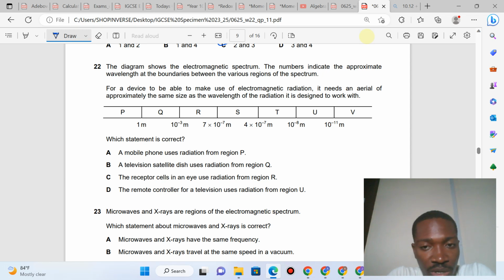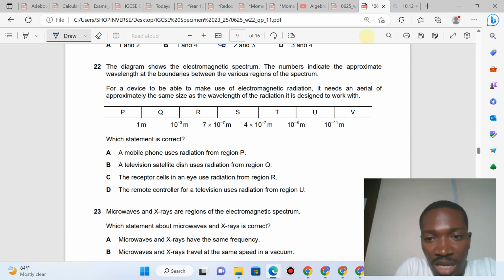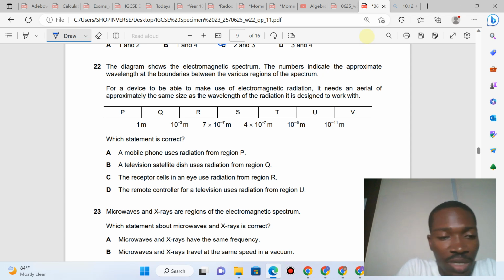Okay. And now we have to identify the different regions. The first one is radio wave. That should be P. The second one is microwave. After microwave, we have infrared.